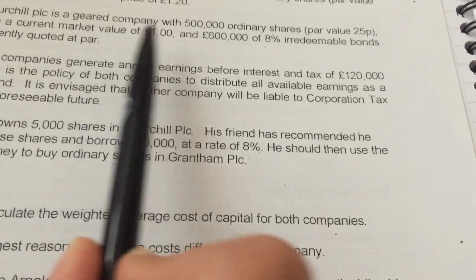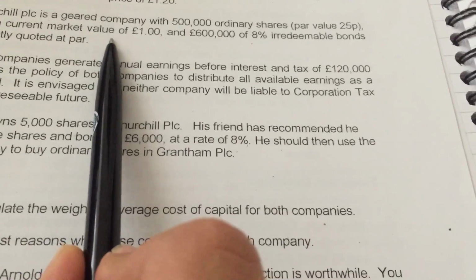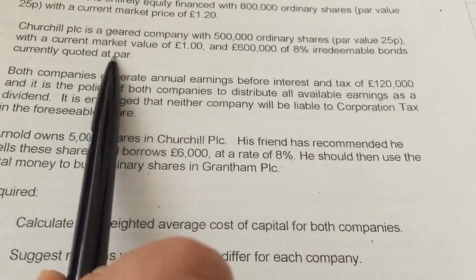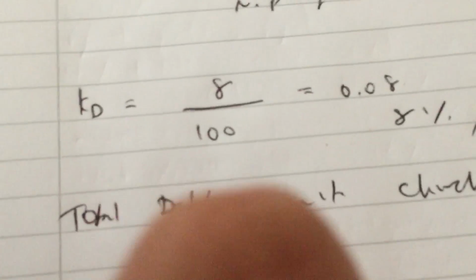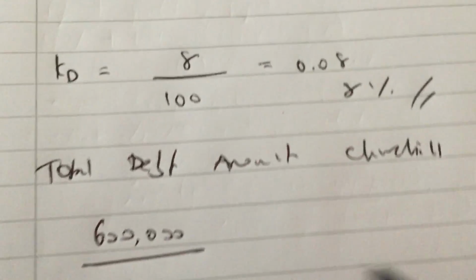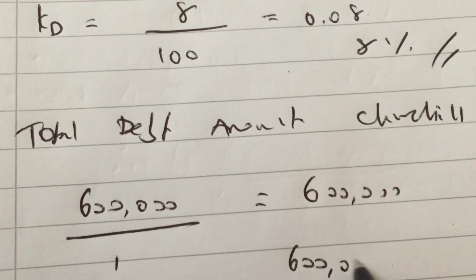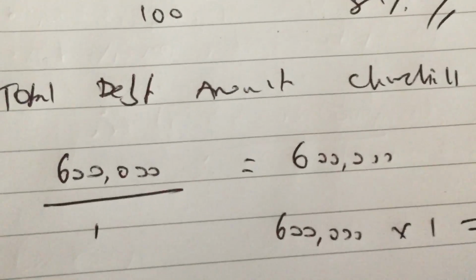Typically what we would do is 600,000 total amount divided by the nominal value times the market price. Because it's currently quoted at par, market price is nominal value. So we're doing 600,000 divided by £1 equals 600,000, and 600,000 times the market price, which is £1, equals 600,000. So our total debt is 600k.